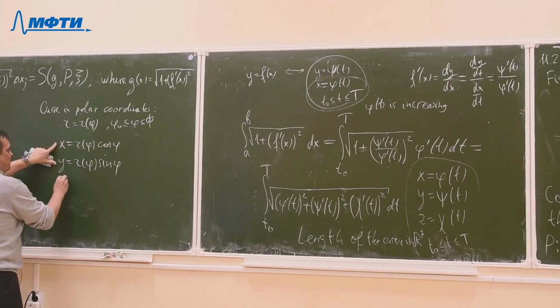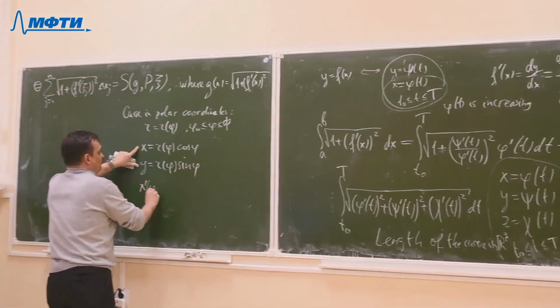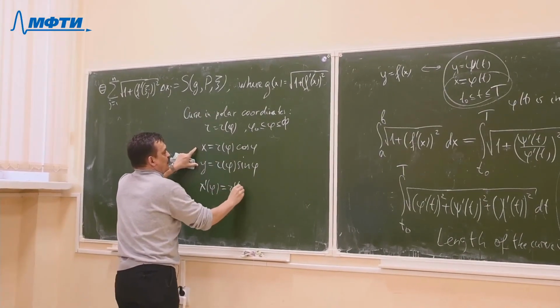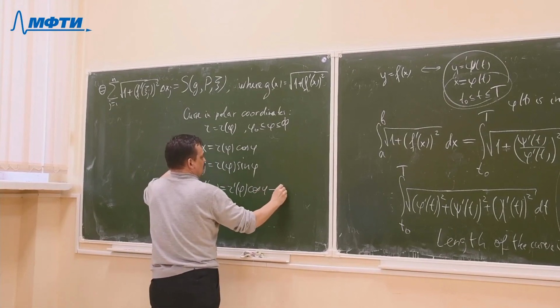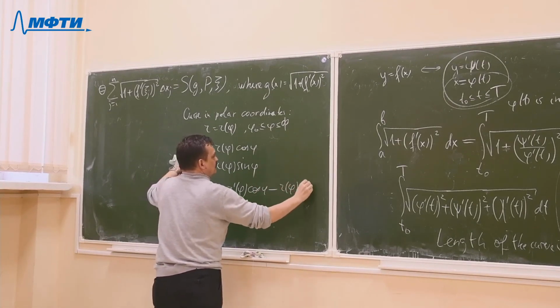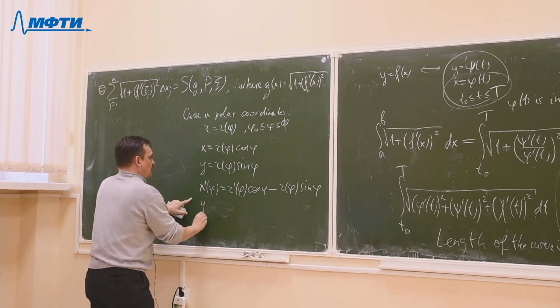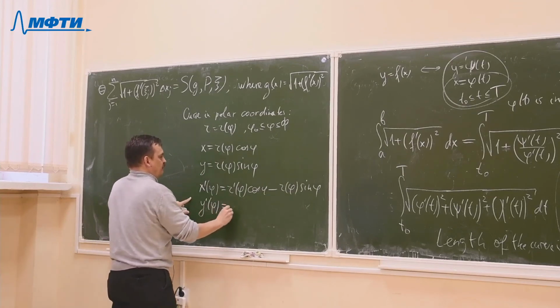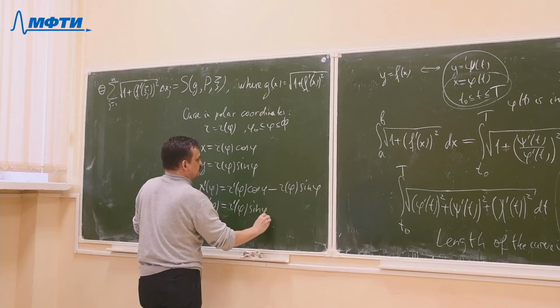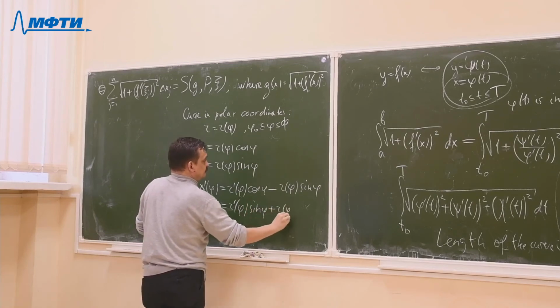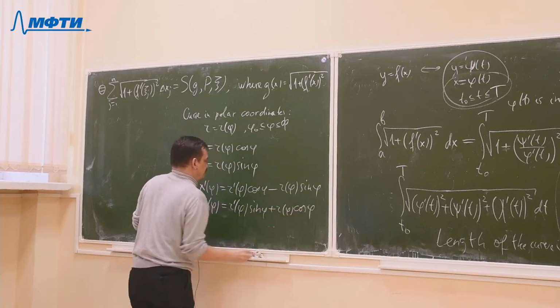Then x prime of phi is r prime of phi cosine phi minus r of phi sine phi. Y prime is r prime sine phi plus r cosine phi.